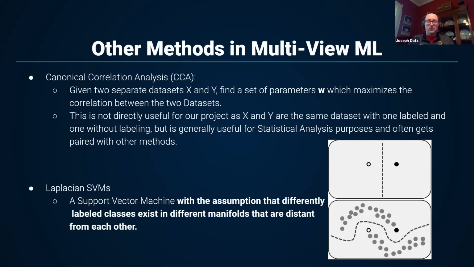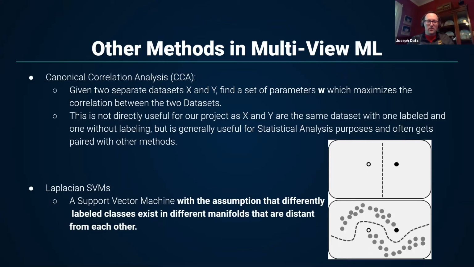This is not super directly useful for our projects because X and Y are not different data sets, but they're actually the same data set. One just happens to be labeled, one happens to be unlabeled, just due to limitations of doing it by hand. But this is generally used quite a bit. It's usually used for statistical analysis when people want to study the relationship of the variables between these two data sets. And so it is very useful for that purpose.